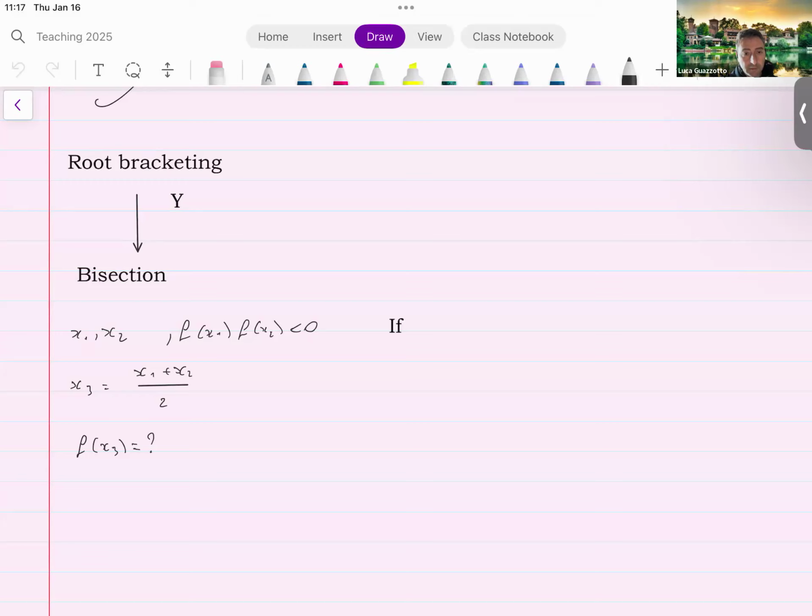Let's say just for simplicity, f of x1 times f of x3 is less than 0. That means that f of x1 and f of x3 have the opposite sign, which means that f of x3 has the same sign as f of x2.